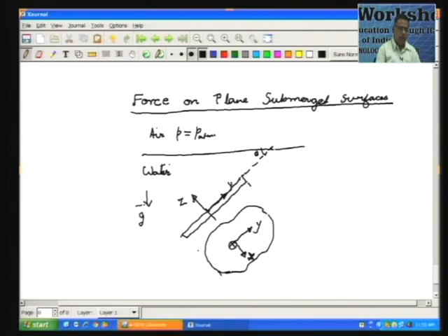Now, let us say we want the net force on the top surface.